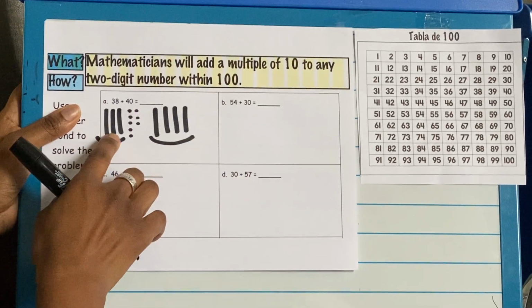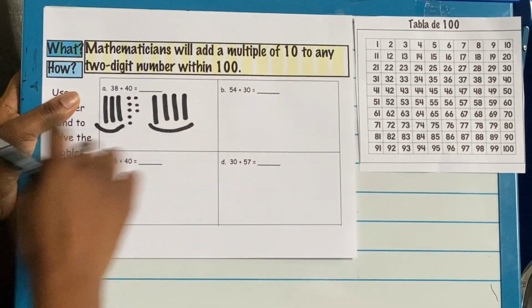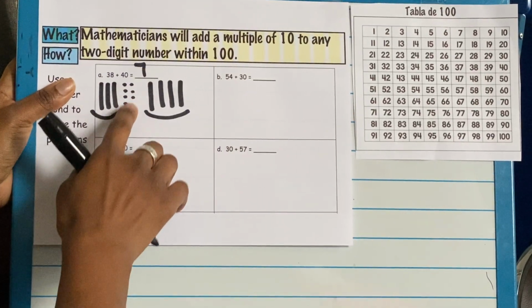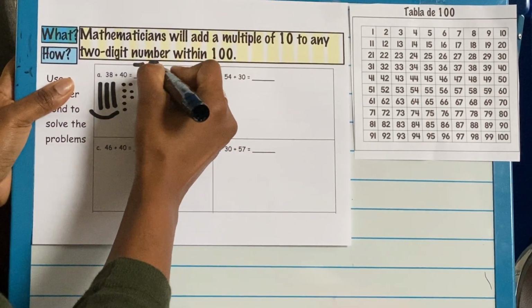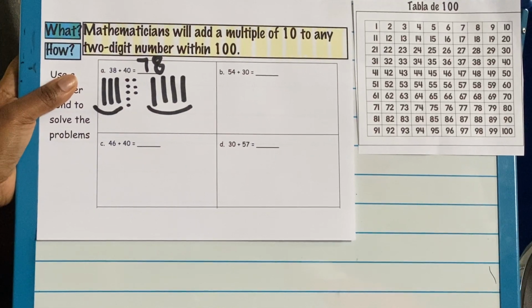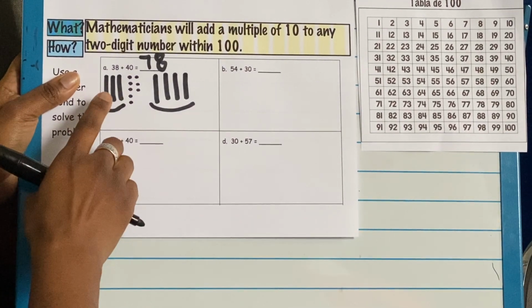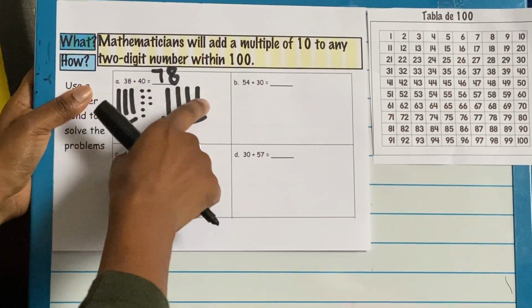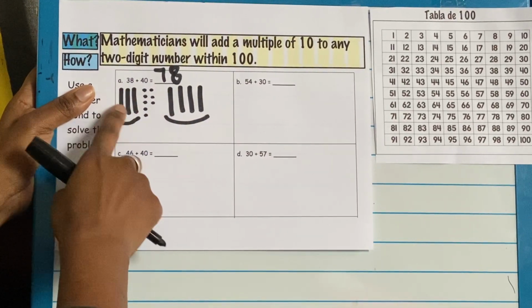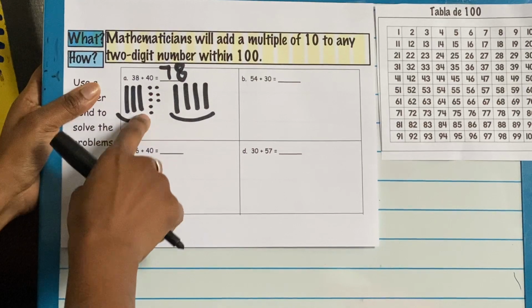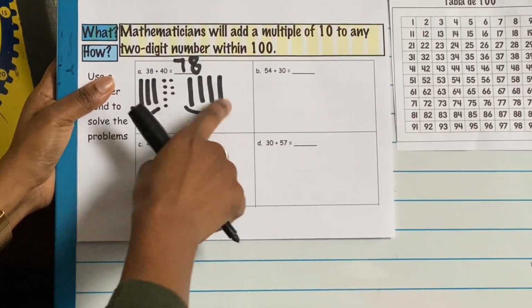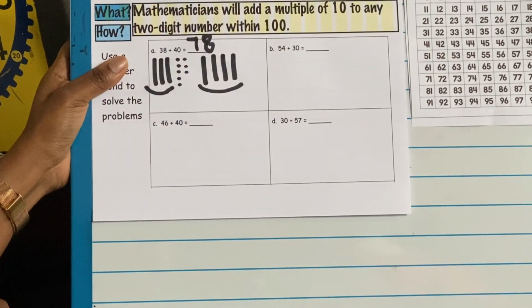So we have 3 tens and 4 tens gives us what? 7 tens. 7 tens plus 8 gives us 78. Did you see, mathematicians, how I made quick tens for each one of the numbers? First, I have 38 and then 40. Then I grouped the tens and then I added the ones.